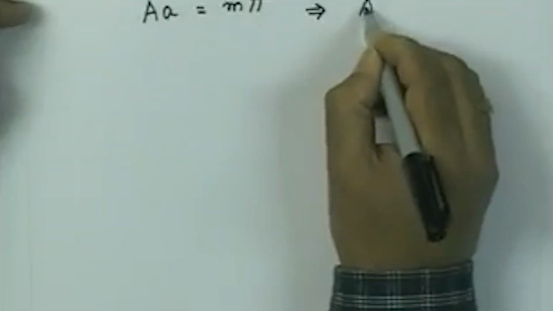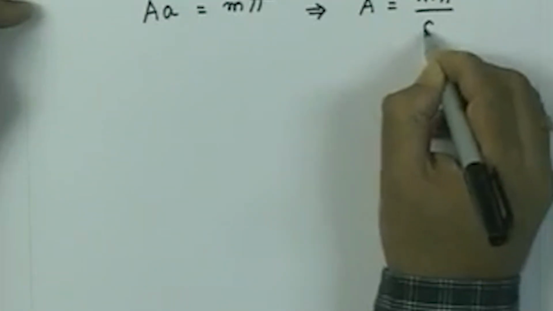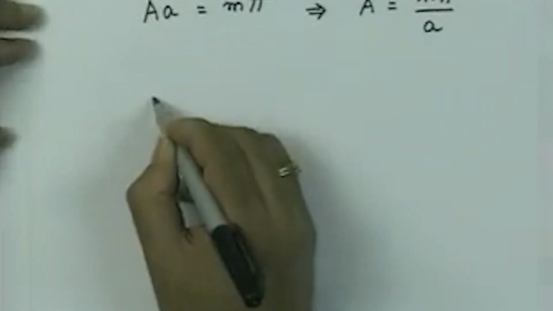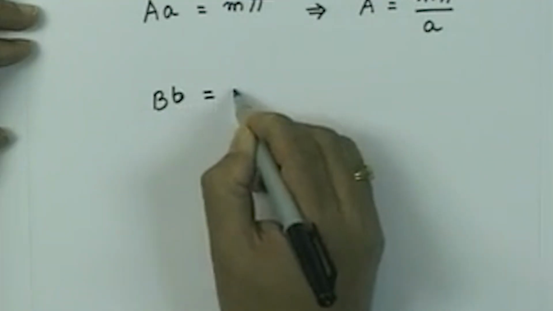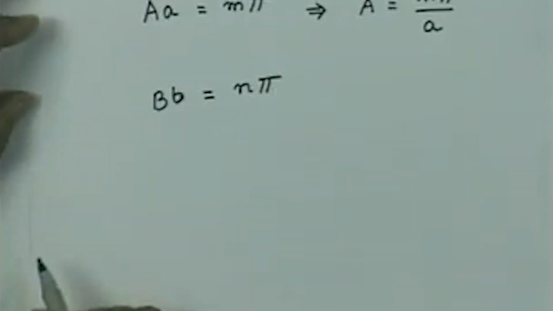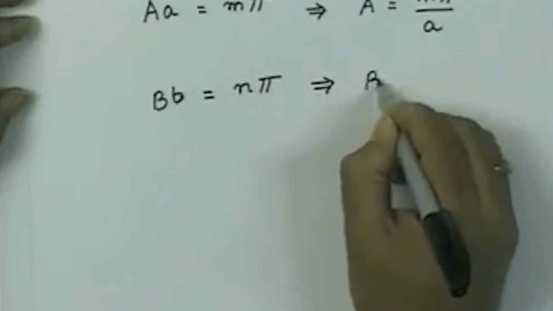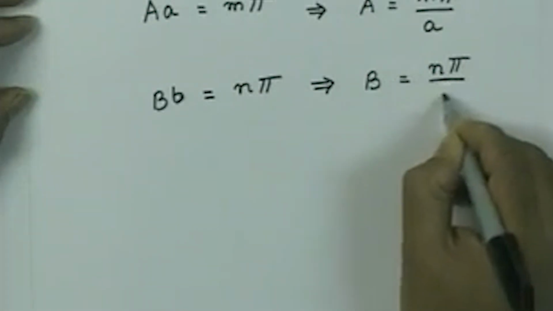That means this constant A which we still had to determine is equal to m pi by a. Similarly, B times b should be equal to another integer multiple of pi, and that gives B is equal to n pi by b.